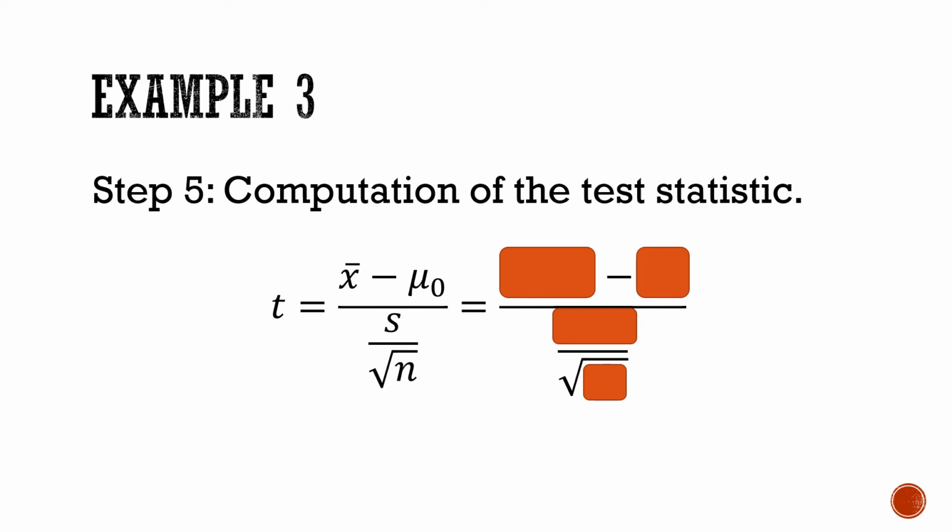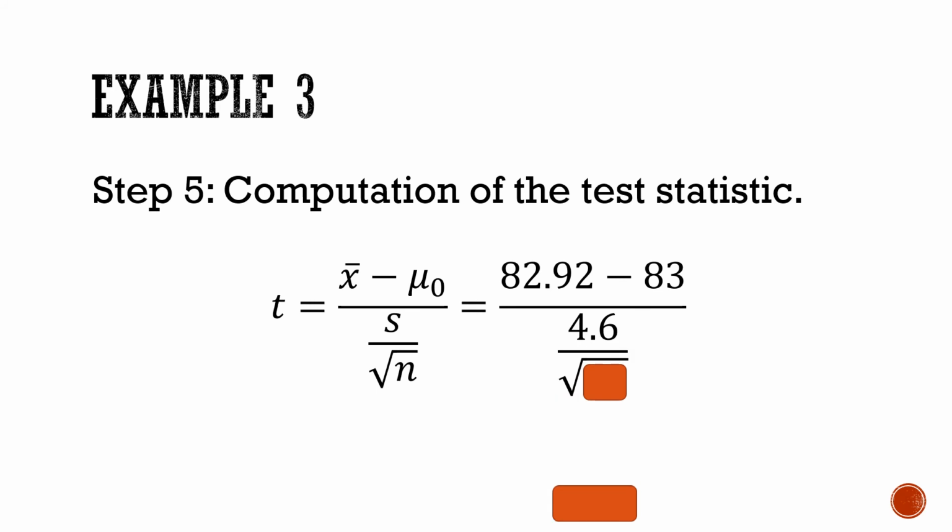X bar, if we're going to recall, is 82.92. The hypothesized mean is 83. Sample standard deviation, 4.6. Sample size, 25. We're going to divide 4.6 by the square root of 25, which is 5.